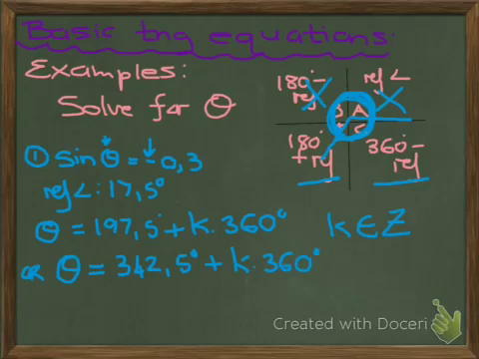So that's my general solution. If I wanted to narrow it down just to the first four quadrants, my answers would just be the 197,5 and the 342,5, third and fourth quad.